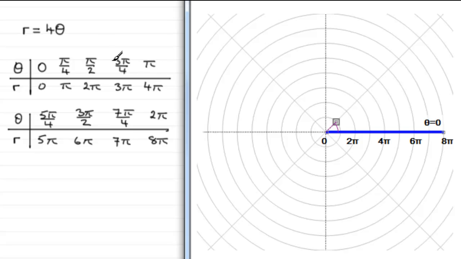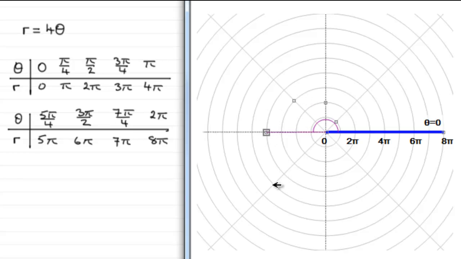For the next one, theta equals pi upon 2, and r is 2 pi. So theta equaling pi upon 2 takes us on this line here. But r has got to be 2 pi, so we're looking at this circle around here. So it's this point. And if we keep this up, we've got 3 pi upon 4 for theta, and r is 3 pi. So 3 pi upon 4 is on this line, and 3 pi is on this circle. So we're here.